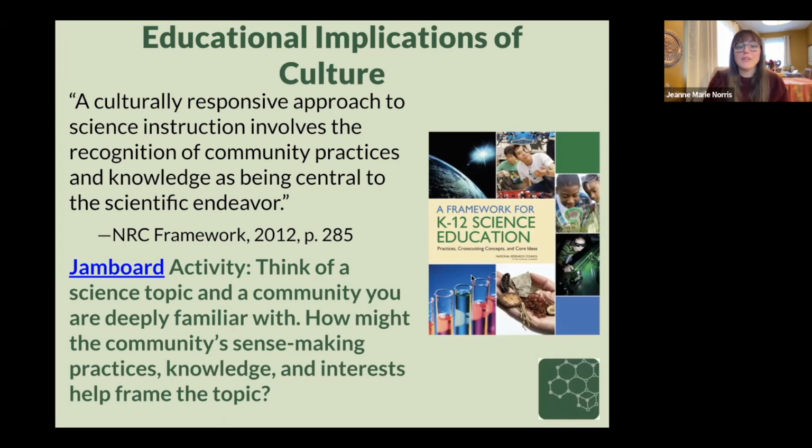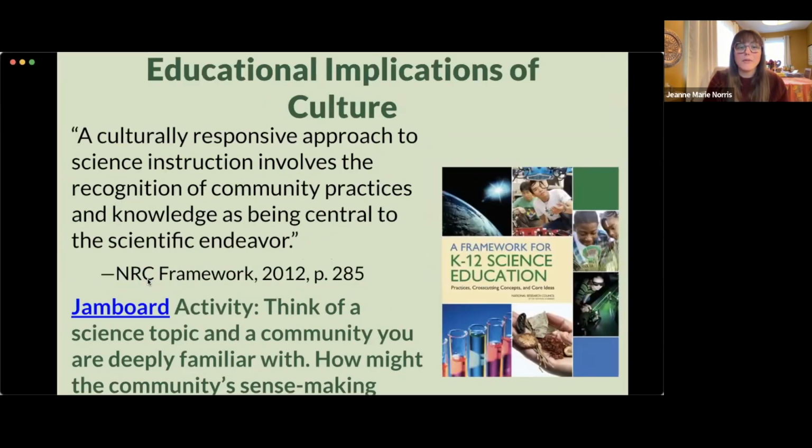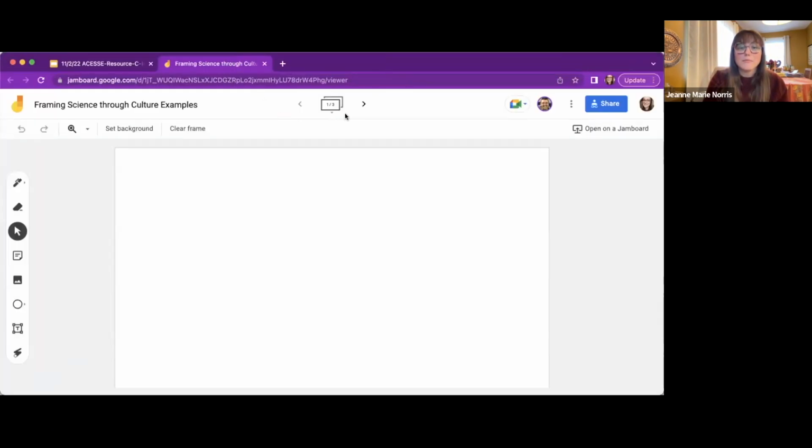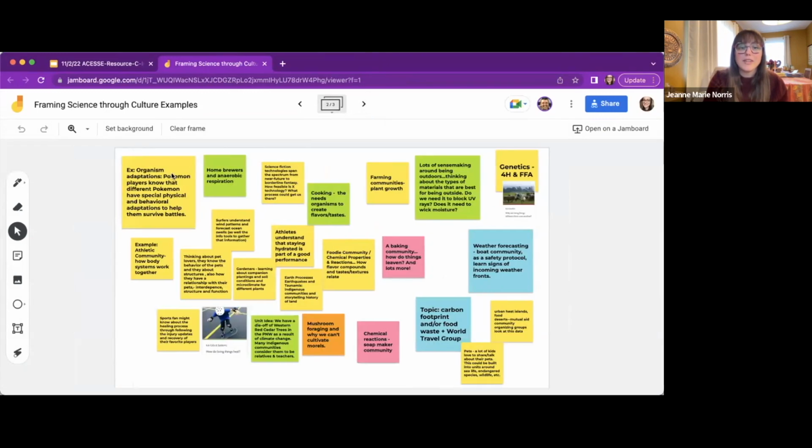So I'm going to give you an example. The example that I have is about Pokemon. My son loves Pokemon. And if you know anything about Pokemon cards, they're little cards with these mythical creatures on them. But the mythical creatures are often related to a real life creature.